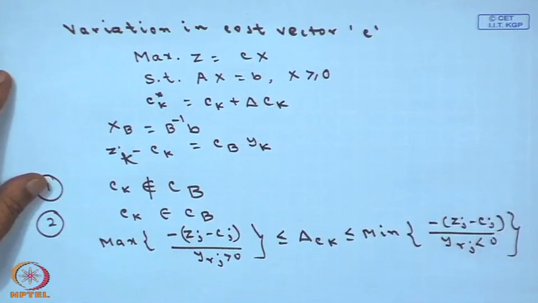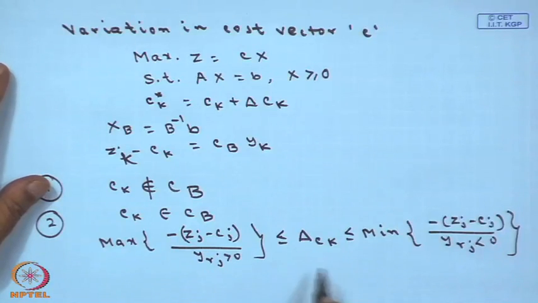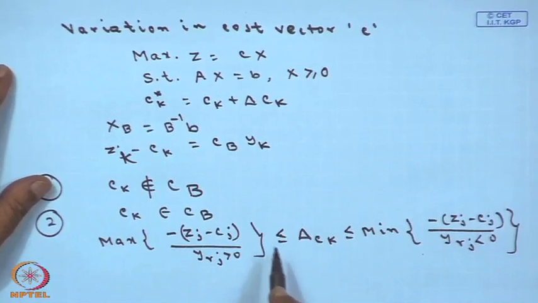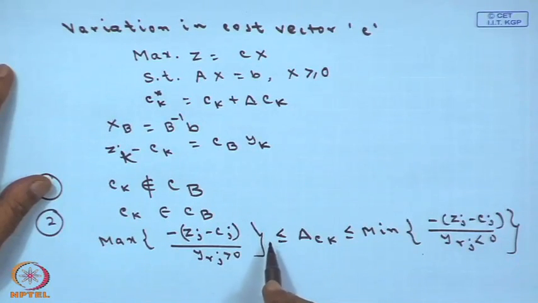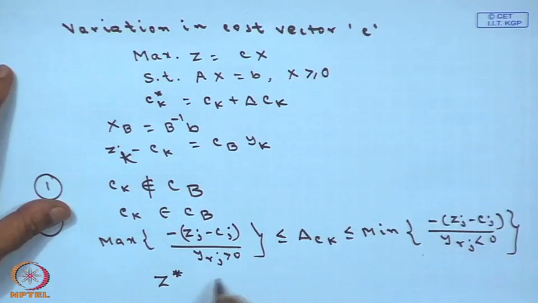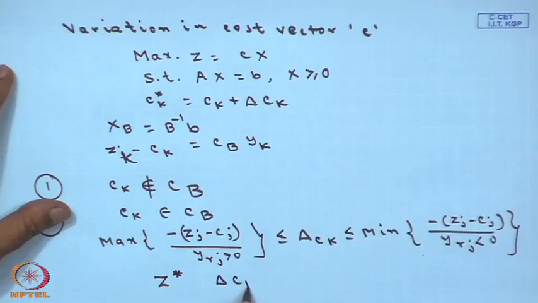So I have to first check whether the value of delta Ck lies in this range or not. If the value of delta Ck lies in this range, then your optimal solution will not change, and the value of Z star will be improved by an amount delta Ck into Xk.